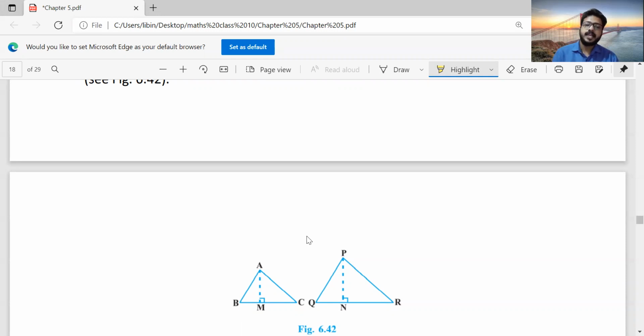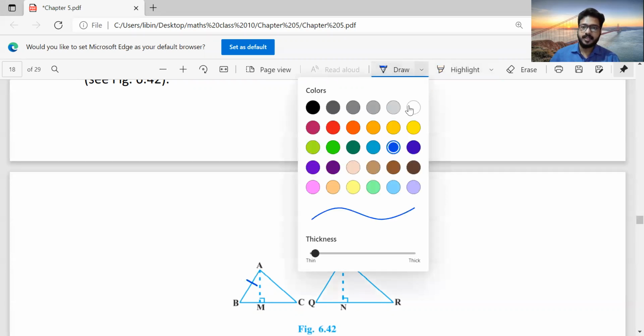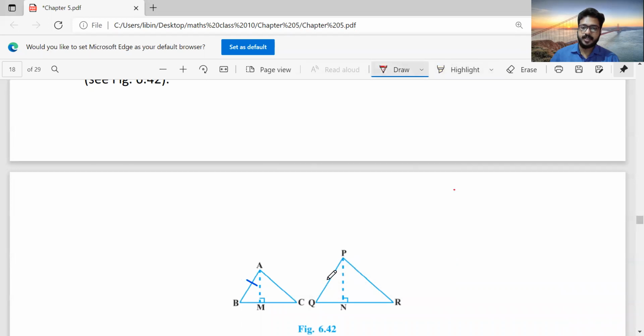We want to prove that area of triangle ABC divided by area of triangle PQR is equal to AB. If I am taking this side, then the corresponding side here is PQ. Similarly, AC corresponds to PR, and BC corresponds to QR.